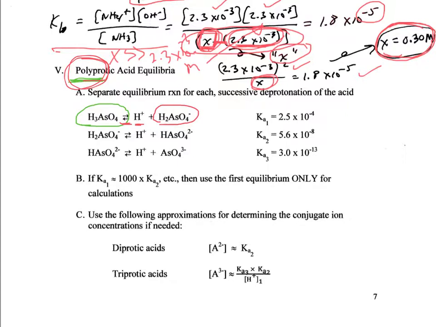Remember when we first did conjugate acids and conjugate bases, we practiced that if you have a species and want to find the conjugate acid or conjugate base, you only do one proton at a time. You either add one or take one away, okay? So taking one proton away, this is its conjugate base. See how it has its own unique equilibrium constant.